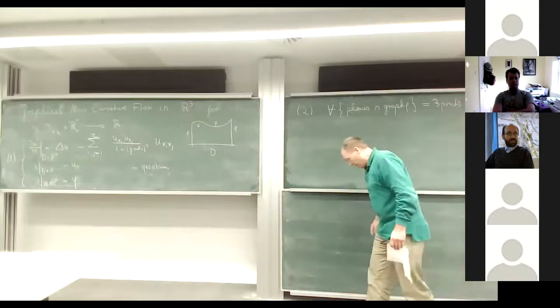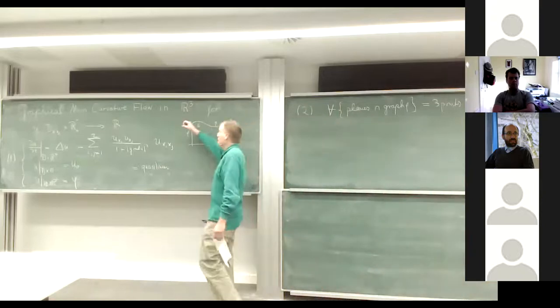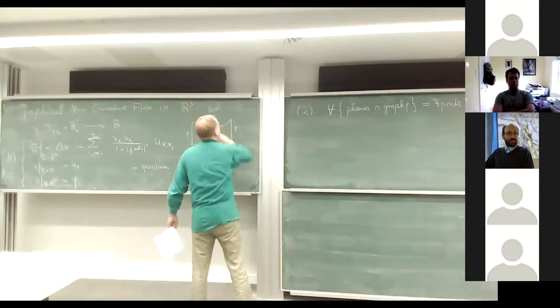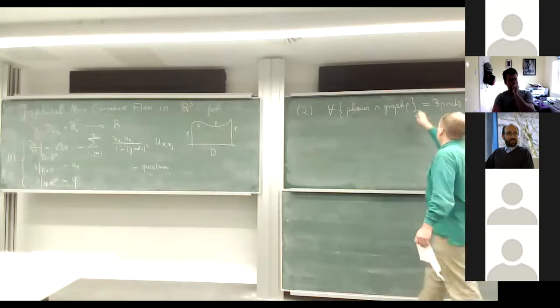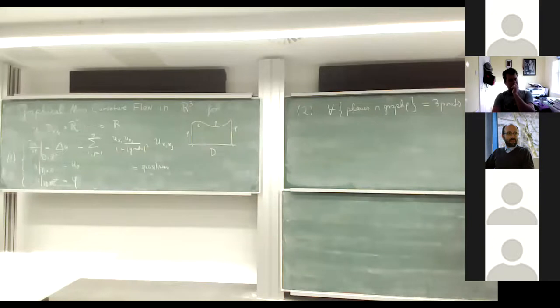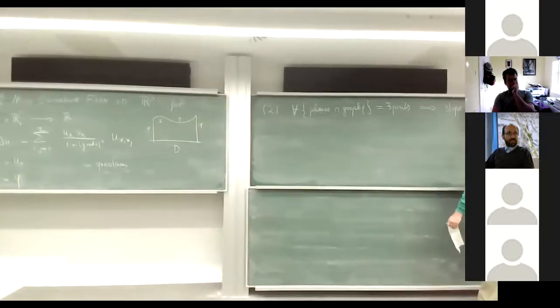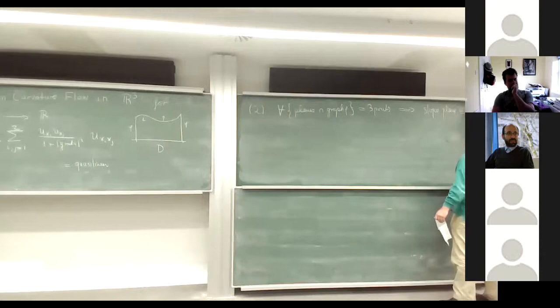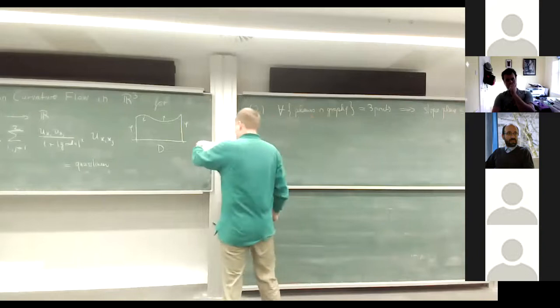So the graph here of phi on the boundary of the domain, as I say, is a loop. Assume that for any 3 points on the loop, any affine plane in R3 that intersects those 3 points has slope bounded a priori by a number A. So here's the picture.